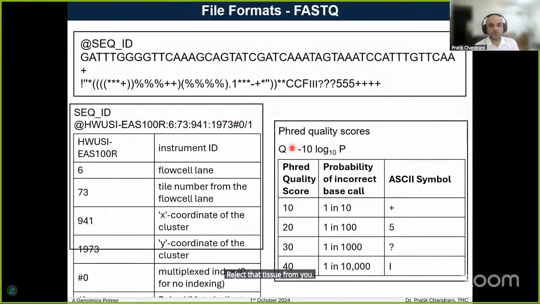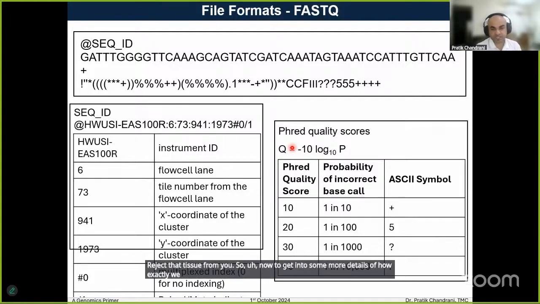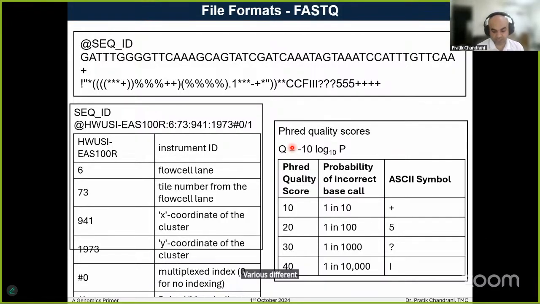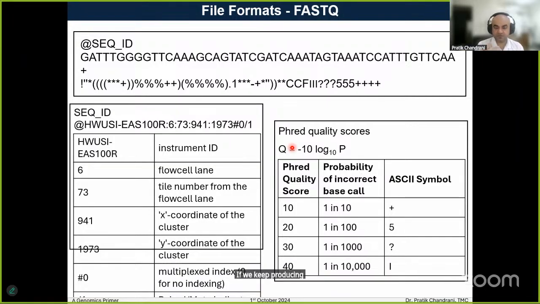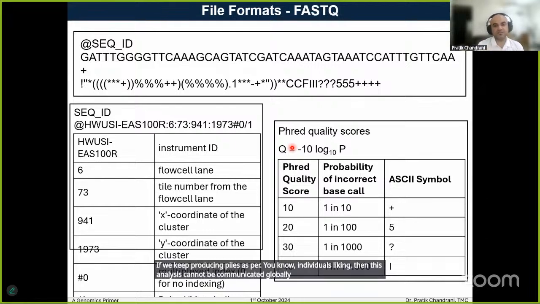Now to get into some more details of how exactly we perform the sequencing analysis, we need to understand various different file formats. And this becomes very critical. In a couple of slides down the line, you will see that there are several different steps of the analysis, and in every step, if we keep producing files as per individual liking, then this analysis cannot be conveyed globally in an easy manner.